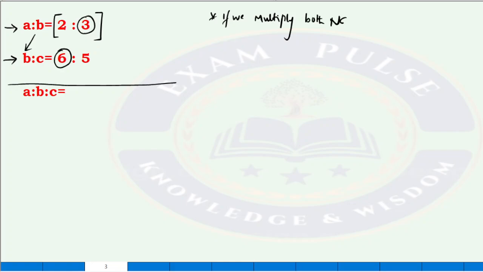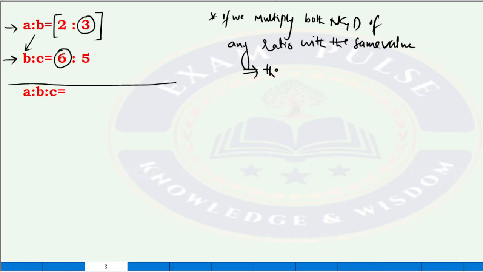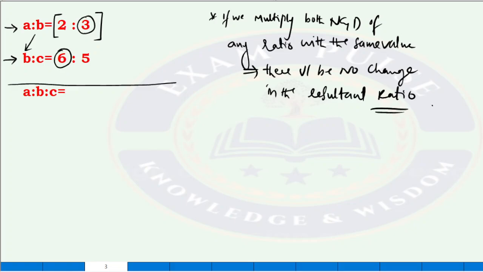If you multiply both the numerator and denominator of any ratio with the same value, there will be no change in the resultant ratio.